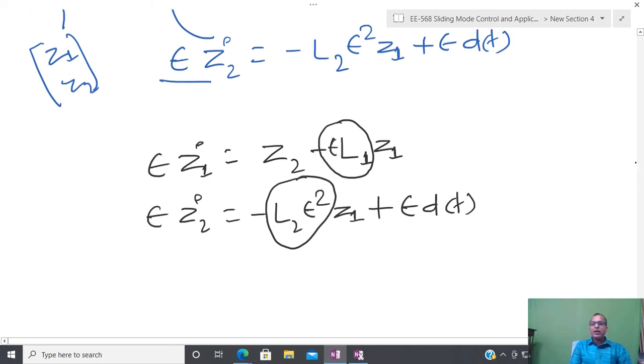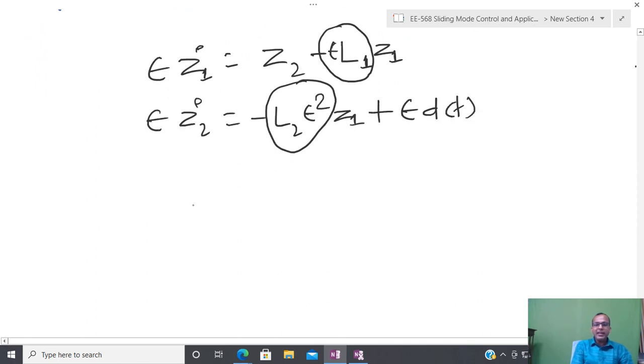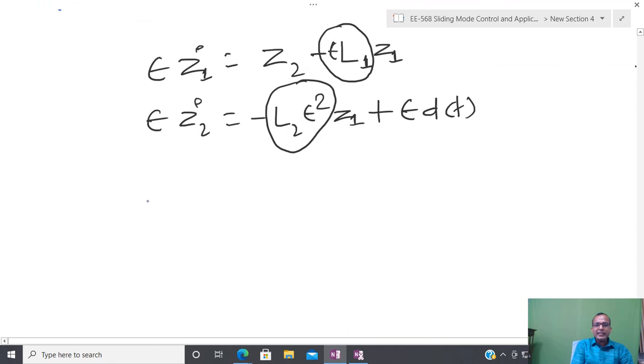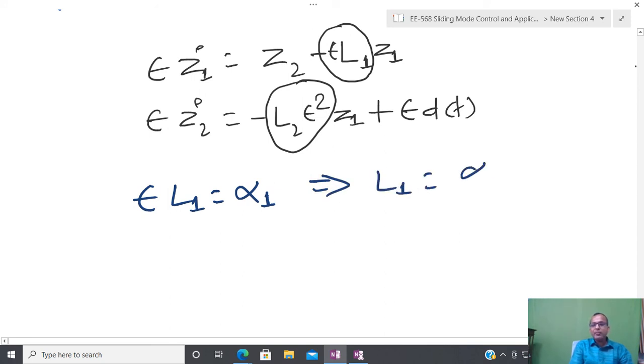So from here, one thing is pretty much clear, that if I select epsilon L1 equal to alpha 1, then I can tell that basically this L1 is nothing but alpha 1 by epsilon, and it is possible to select the second term, that is epsilon squared L2.